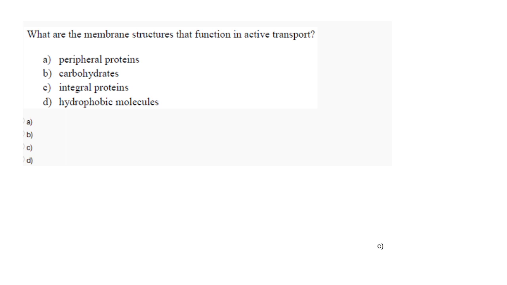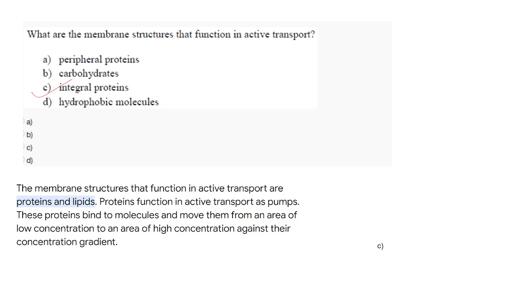So it is integral proteins which function in active transport. Proteins function in active transport as pumps. These proteins bind to molecules and move them from an area of low concentration to an area of high concentration, against the concentration gradient. So integral proteins are involved here.